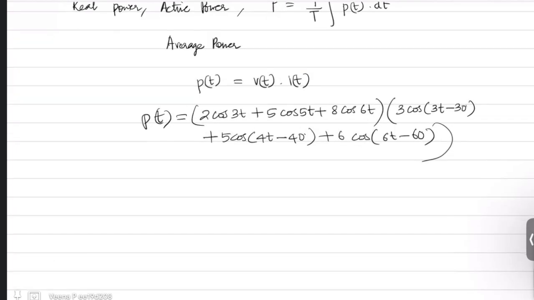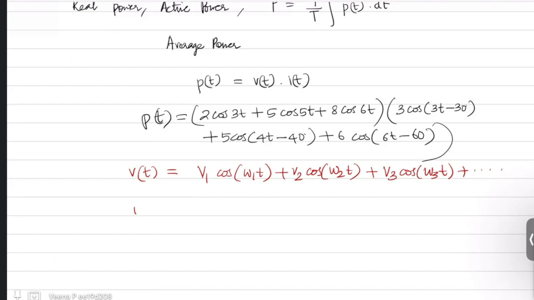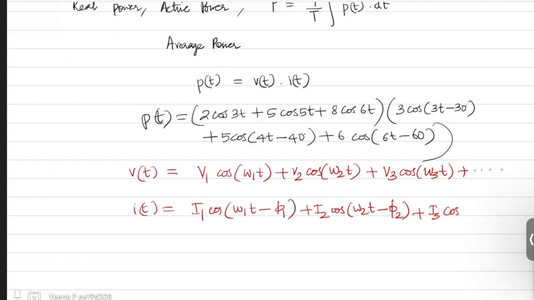Now in a general case where your voltage is V1 cos omega 1t plus V2 cos omega 2t plus V3 cos omega 3t plus so on, and your current is I1 cos(omega 1t minus phi 1) plus I2 cos(omega 2t minus phi 2) plus I3 cos(omega 3t minus phi 3), and so on.